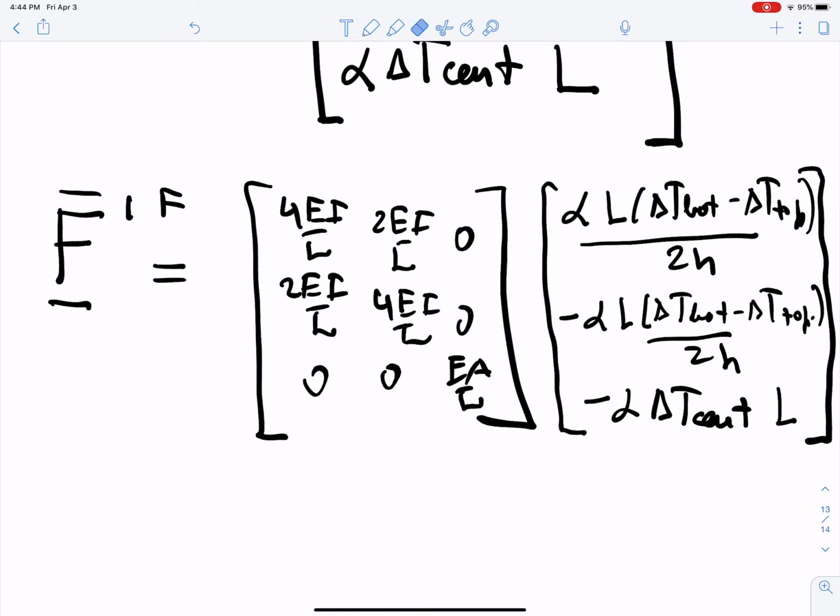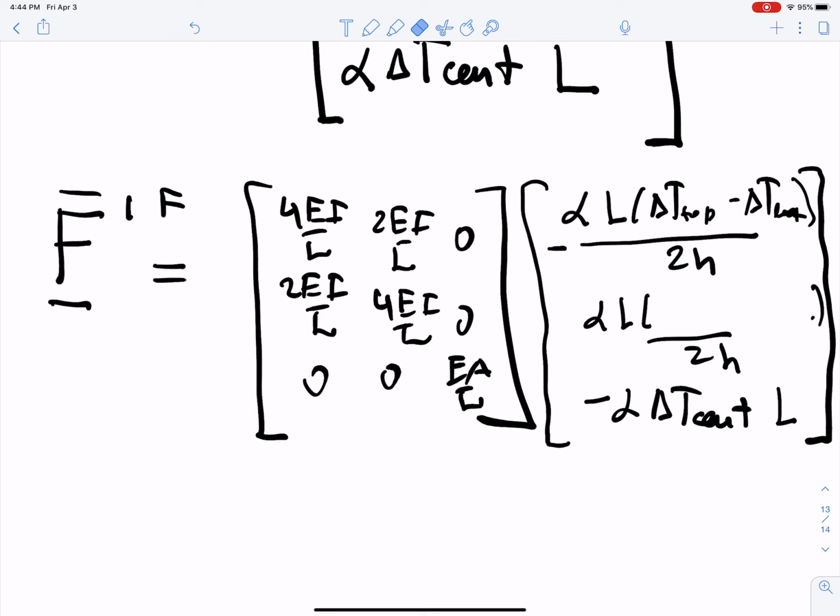Let me change the bottom and top: put a negative, put a positive here, and replace it with delta T top minus delta T bottom.